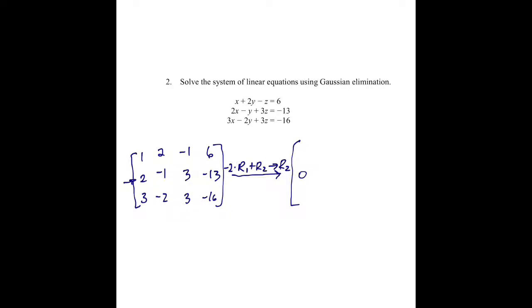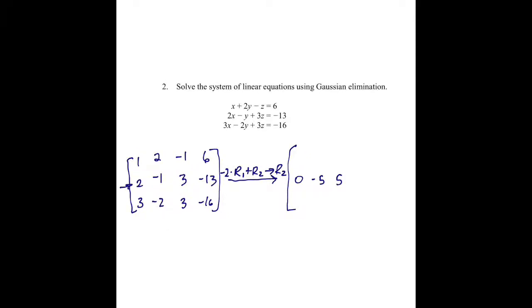And then negative 1 plus negative 2 times 2, so that's negative 1 plus negative 4, which is negative 5. And then 3 plus negative 1 times negative 2, so that's 3 plus 2, which is 5. And then negative 13 plus negative 2 times 6, that's negative 13 plus negative 12.